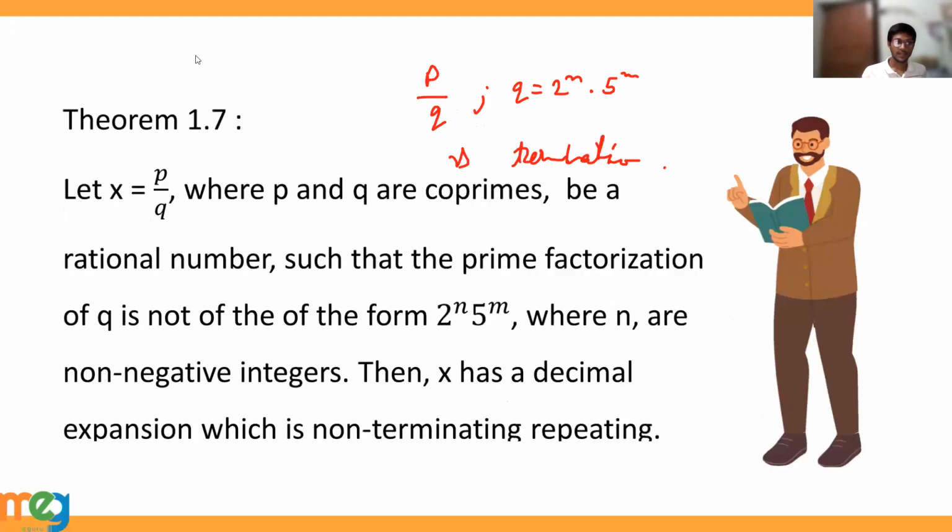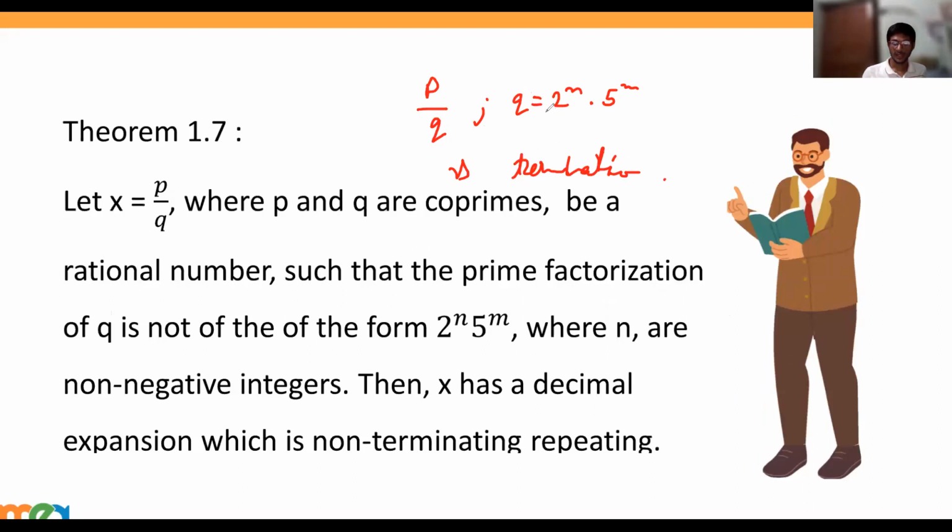This theorem implies that if the prime factorization of Q is not of the form 2 raised to n into 5 raised to m, this means that its decimal expansion will not terminate.